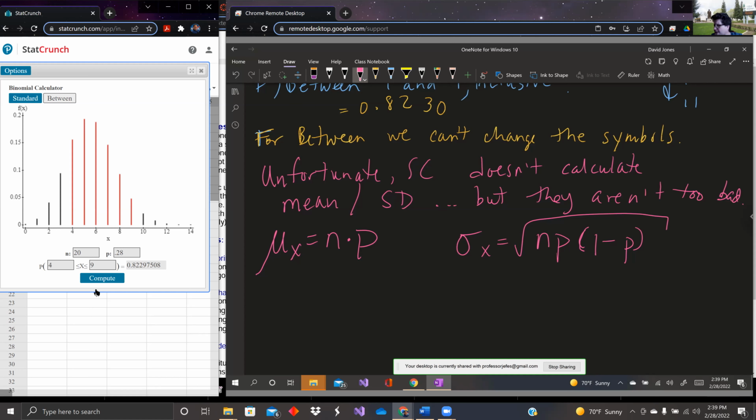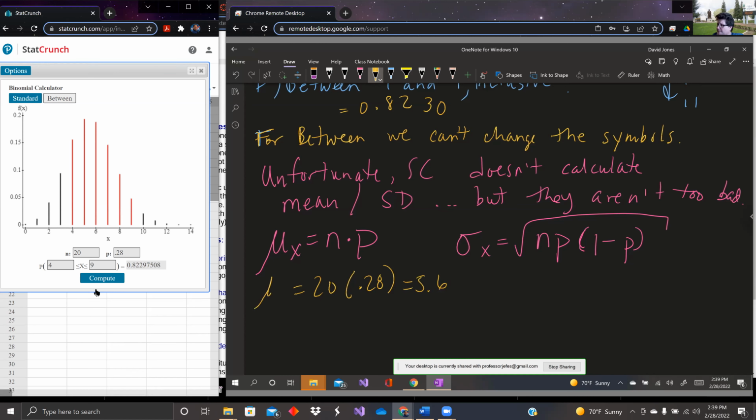So in our problem, n was 20, and the probability was 0.28. So we get our trusty calculator. And I get 5.6.